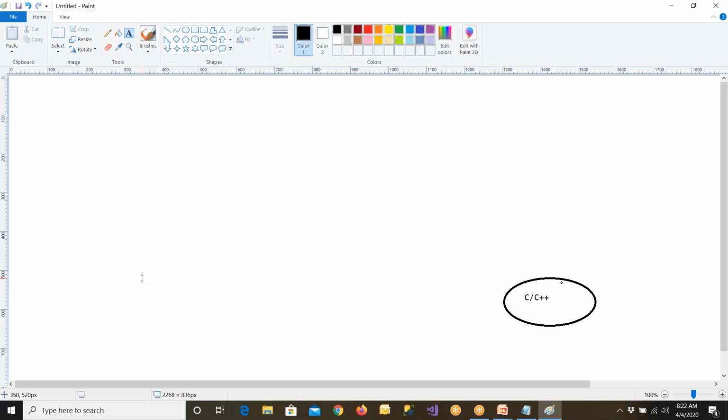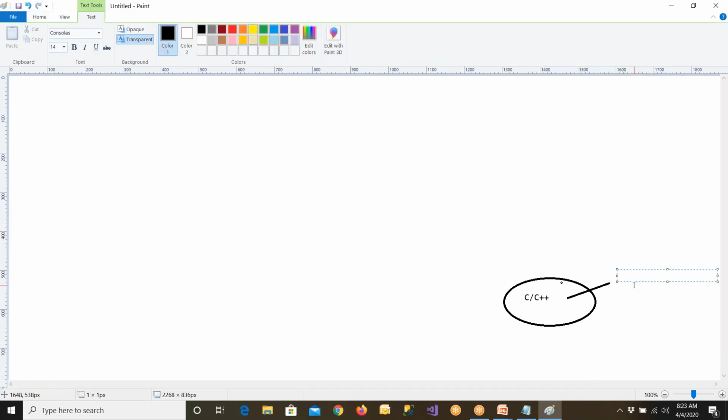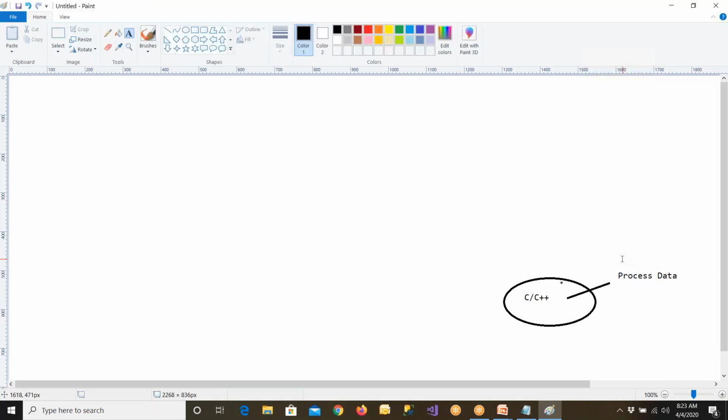I can give some kind of instructions. We give a lot of instructions with the language, and the language can take instructions and process the data. This is what a language can do. This is the advantage of a language.